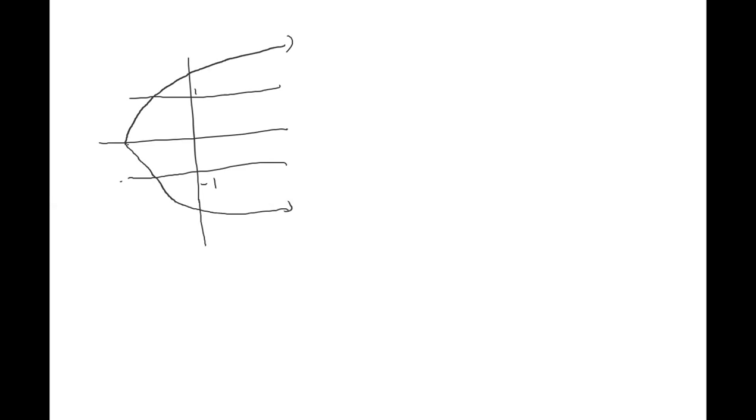This is the line y equals 1, and this is the line at y equals -1. And then I have a parabola going like this. This thing is given by x equals y squared minus 2. So obviously this is y equals 1, y equals -1.